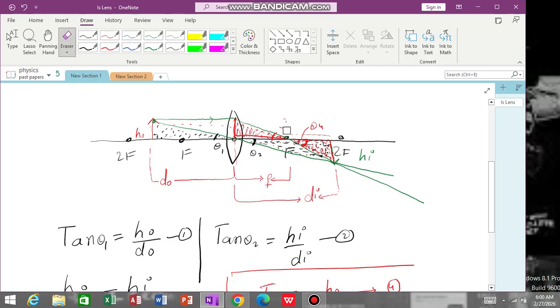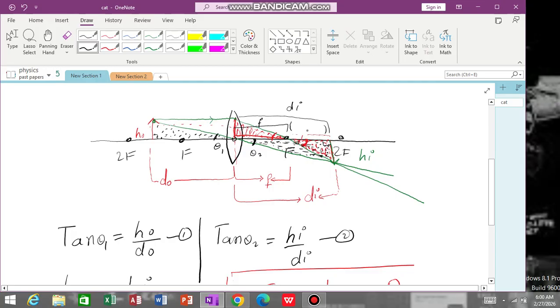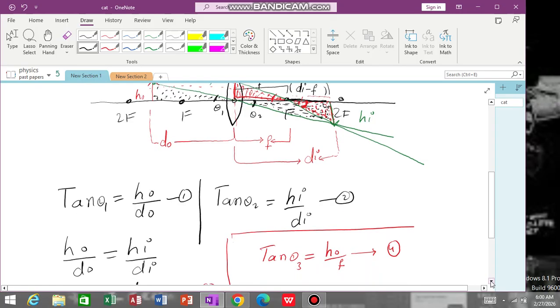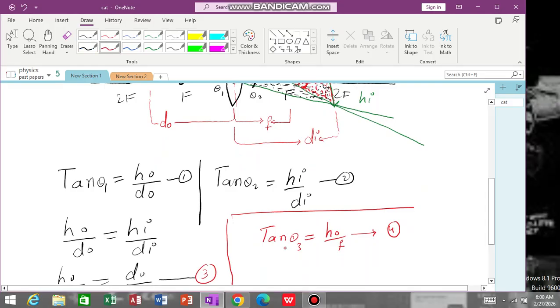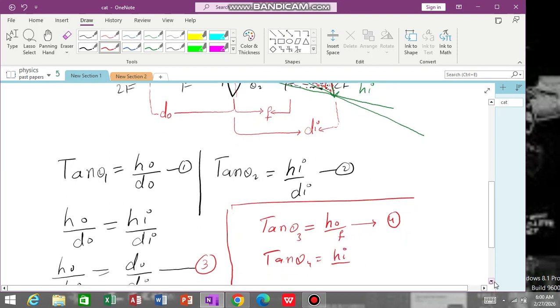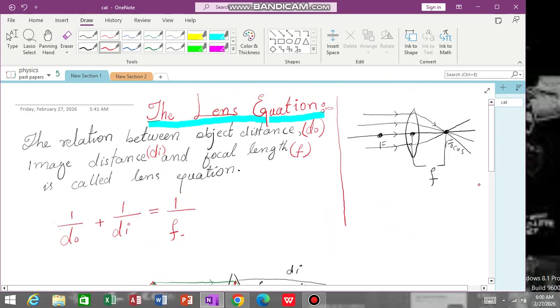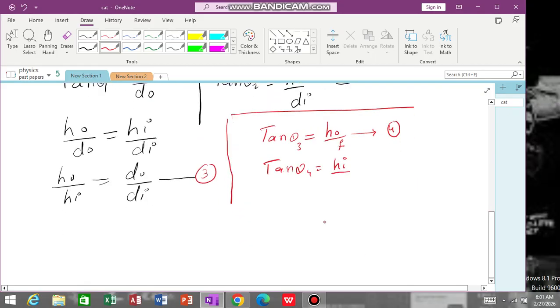We know that the total distance from the lens to here is given as DI, and we know that this distance is given as F. So the remaining distance, the base, we can calculate as DI minus F. Now tan theta 4 equals HI, the perpendicular, divided by the base, which is DI minus F. You can see it again, this is DI minus F. This is equation number 5.